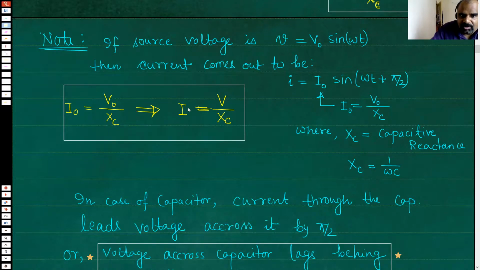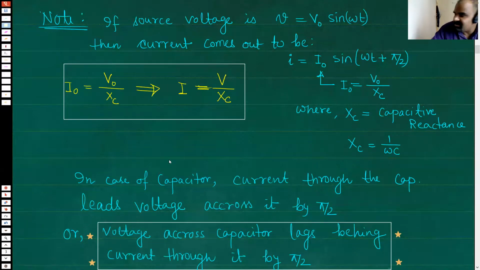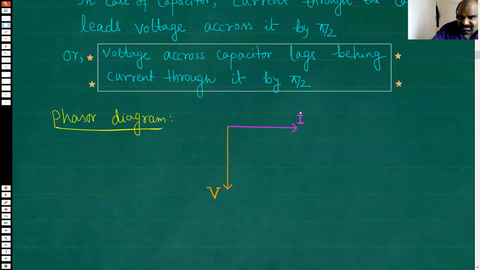So what is the relation between this length and this length? The relation is that this length is shorter than this length by a factor of XC. Or you can say that this length is greater than this length by a factor of XC. So I into XC will give you this magnitude.